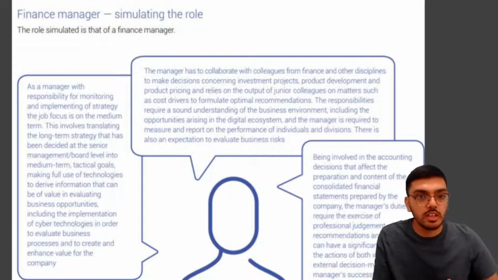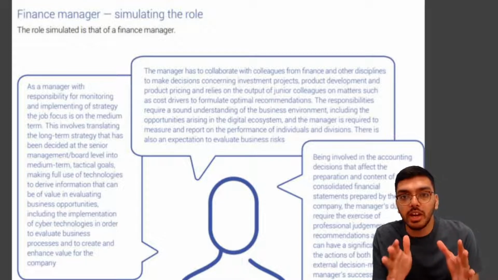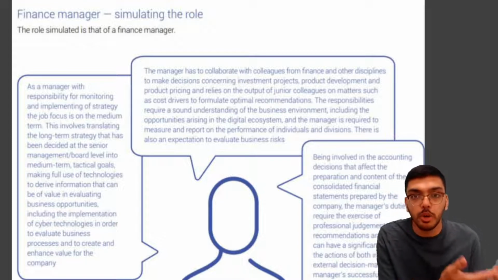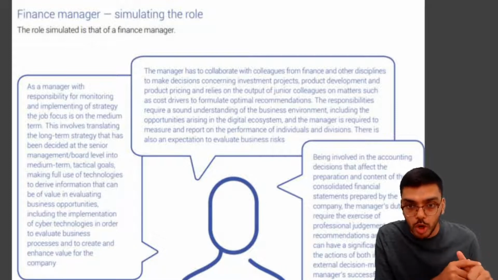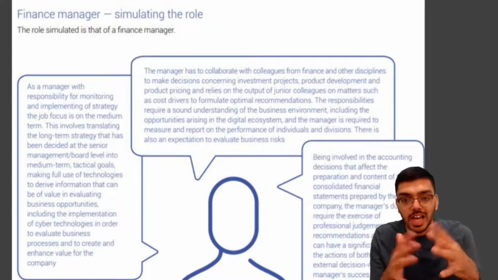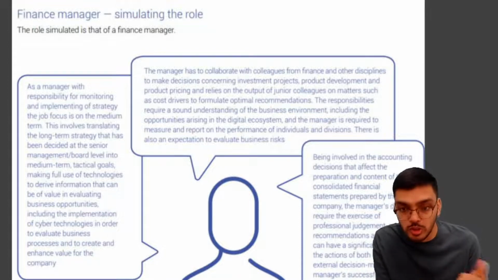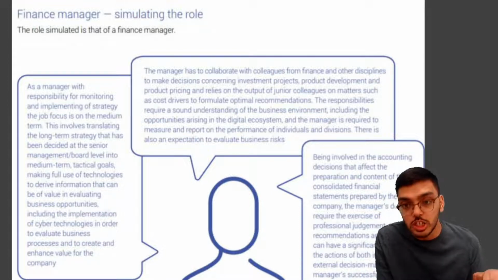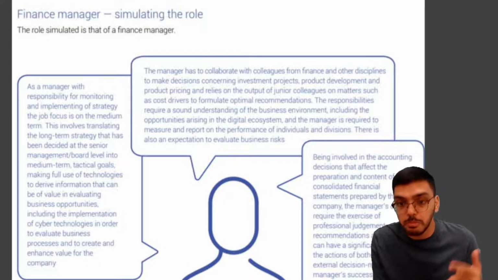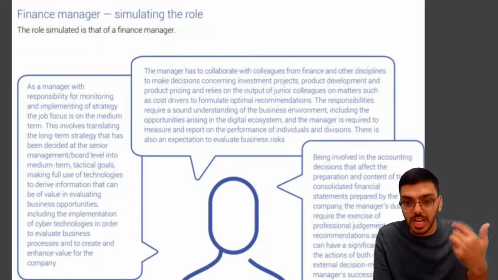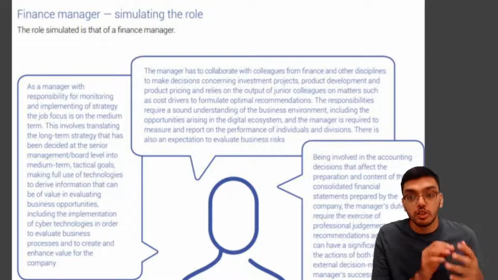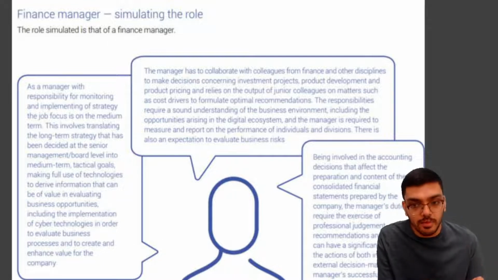Third, he also collaborates with colleagues on different projects, product development, project development. So project development is also his role. He also needs to do risk analysis, so risk management is also part of his role. He needs to help with financial statements preparation, with reading of the statements, and needs to help in external decision making. So he needs to know IAS, IFRS.